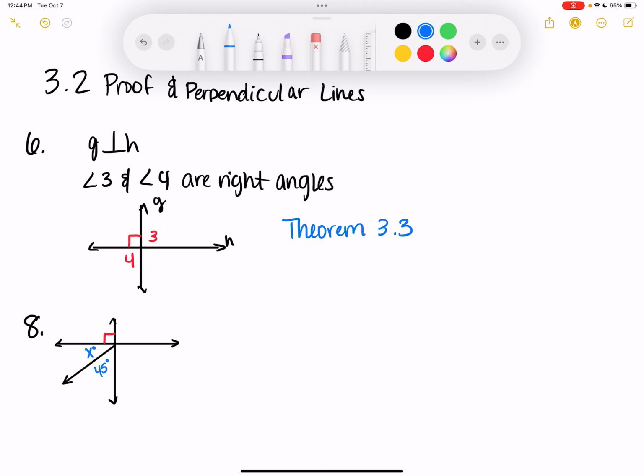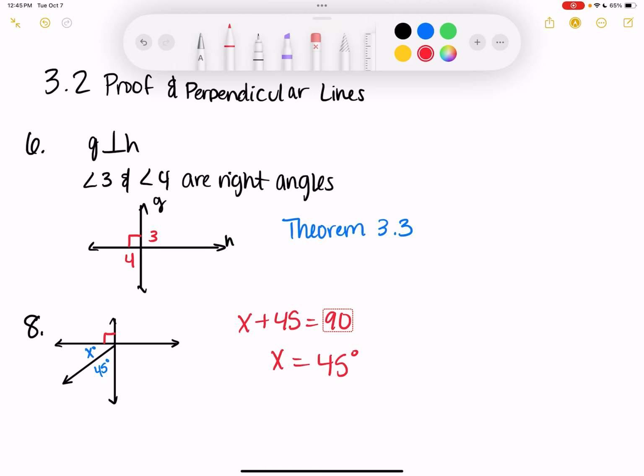So if we know that this is a right angle or 90 degrees, we know that this also has to be, as we saw in theorem 3.3. So that means that x plus 45 equals 90. So x is equal to 45 degrees.